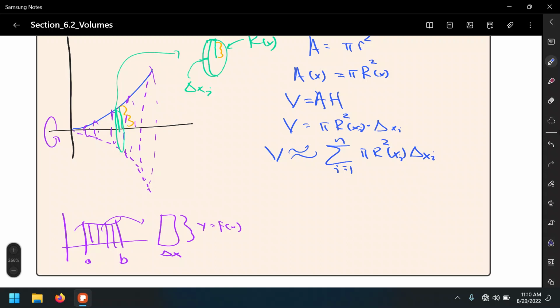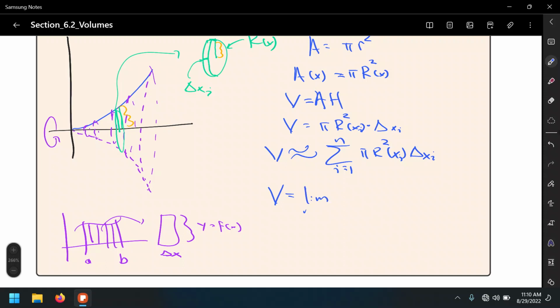So what is that sum representing? The addition of the volumes from 1 to n, where n is the number of disks that we partition. But again, we have an approximation symbol, not an equal sign. If we wanted the equal sign, in order to make it equal, make that delta x as tiny as possible to allocate infinitely many disks. How do we do that?